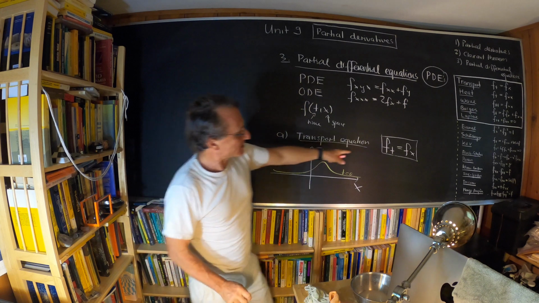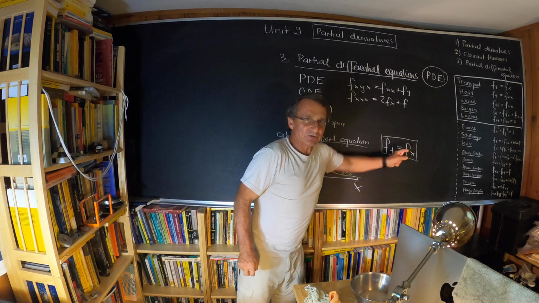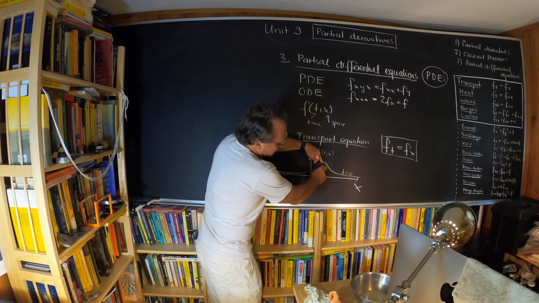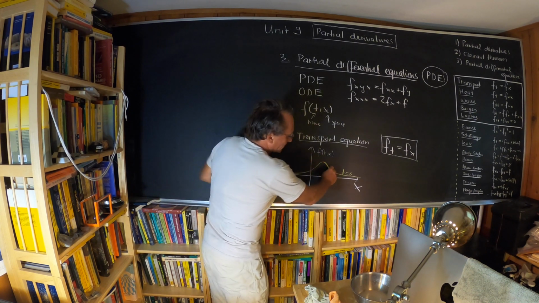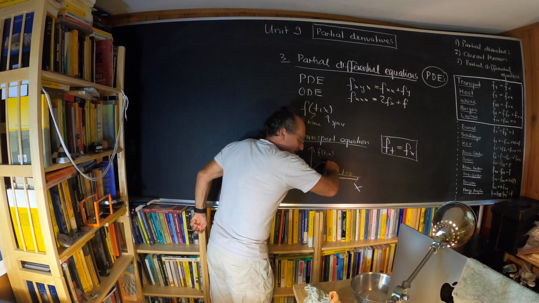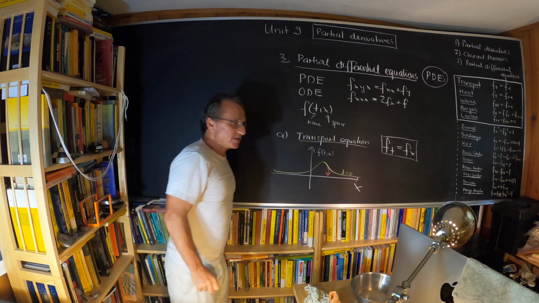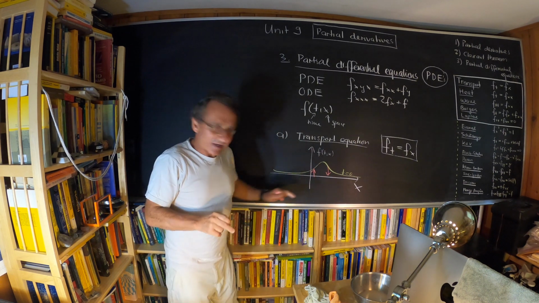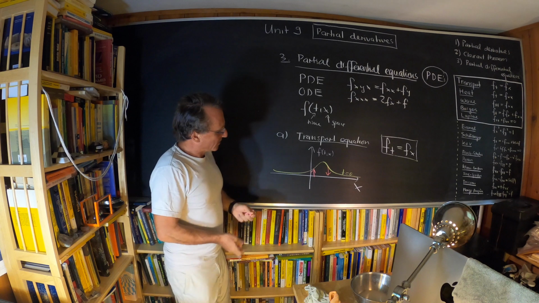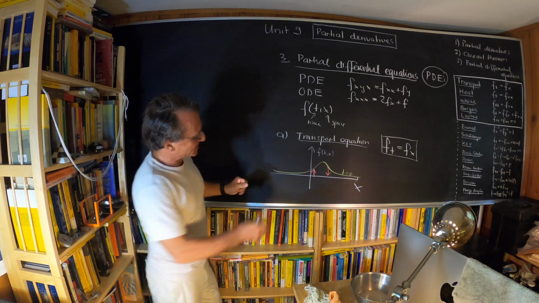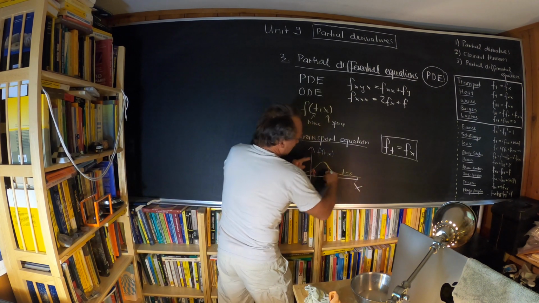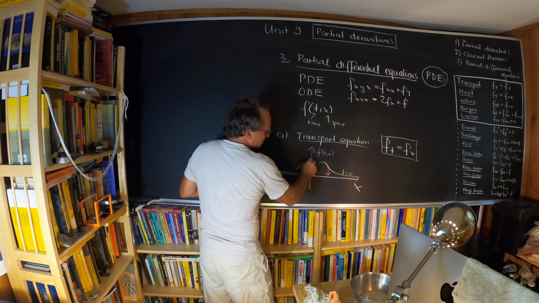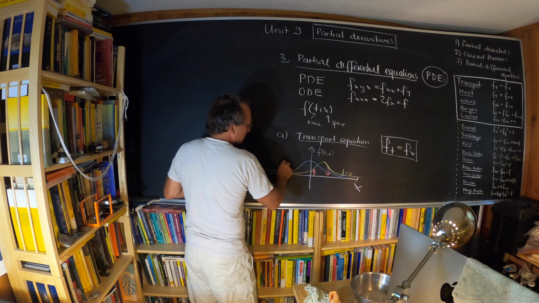This equation tells us that the time derivative is equal to the slope. f_x is the slope. What's the slope here? When the function goes down, the slope is negative, which means that the function will decrease here, while here the function will increase. Wherever the slope is positive, it will go up. When you push down here and pull up here, this function will after some time look like that. Maybe that's at t equal to 1.